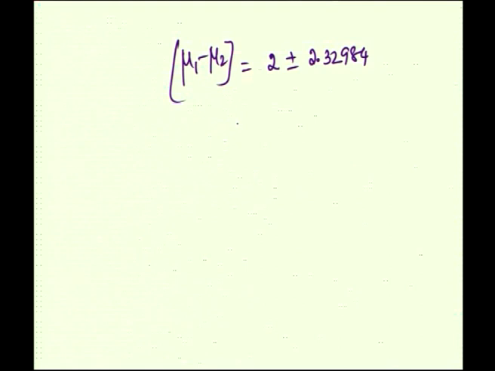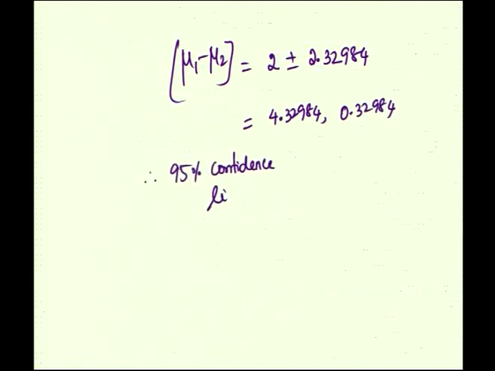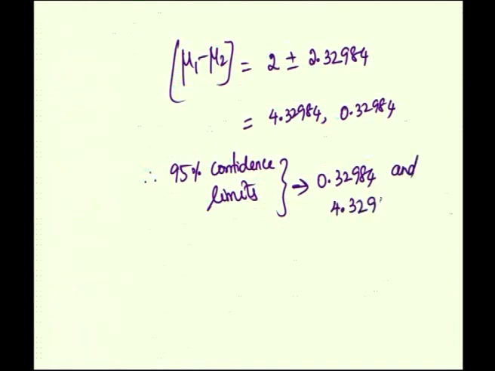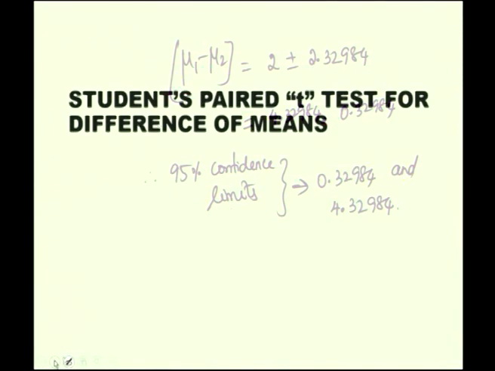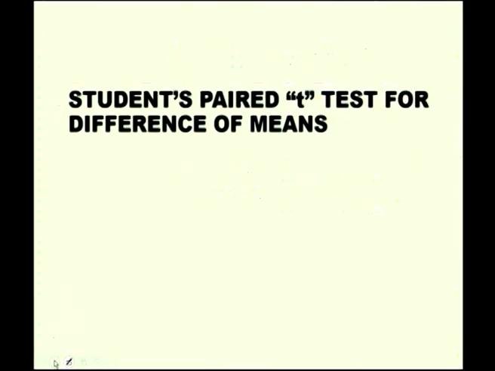Therefore, one value with a plus and another value with a minus. So, that is equal to 4.32984 and then negative is minus 0.32984. So, 95% confidence limits are minus 0.32984 and 4.32984.